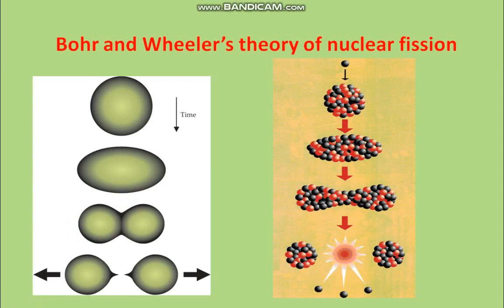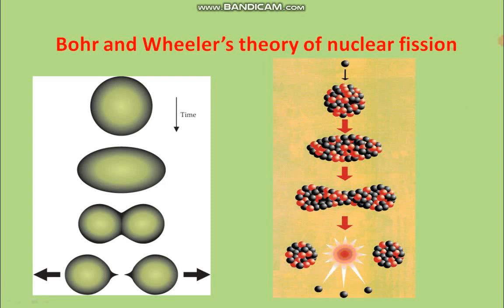In the same way, when a heavier nucleus absorbs a neutron, a compound nucleus is formed and is left in an excited state. The extra energy may set up a series of rapid oscillations in the spherical compound nucleus. As a result of these oscillations, the shape of the compound nucleus may change at times from spherical to ellipsoidal.